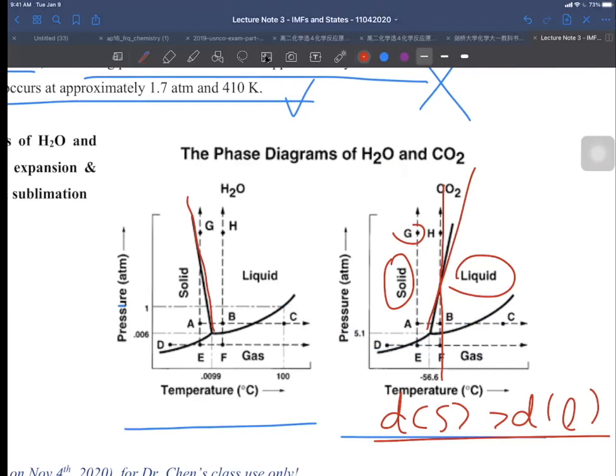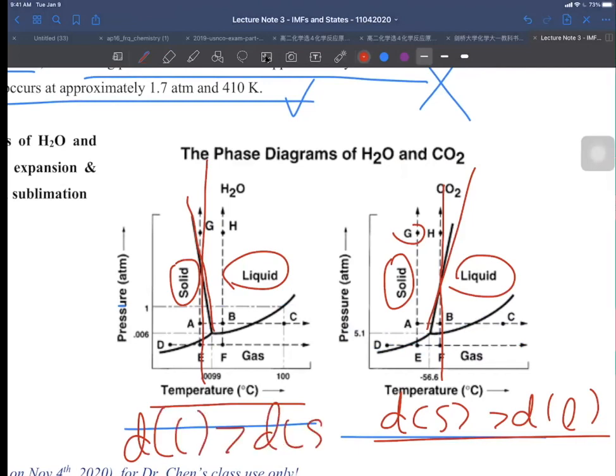But if you have a look at this line here, the EG line in water, fix the same temperature, increase the pressure, it will change solid into liquid, which means the density of the liquid is greater than the density of the solid. This is one of the uniquenesses of water, right?